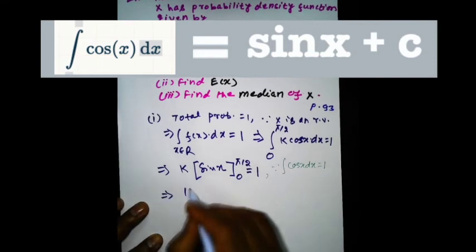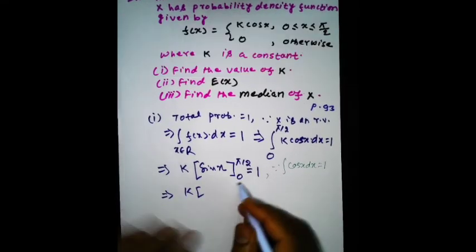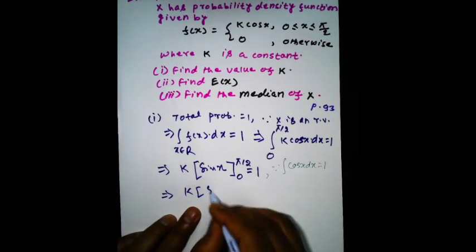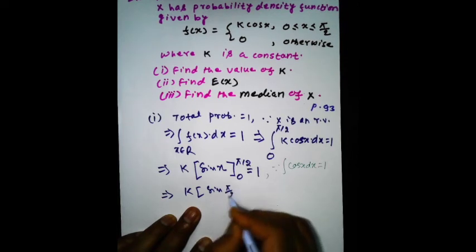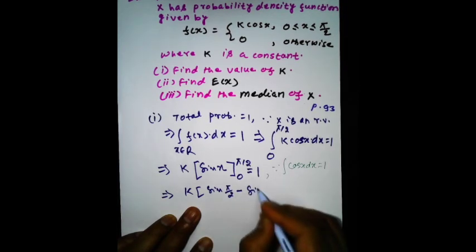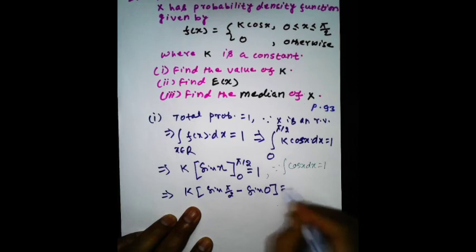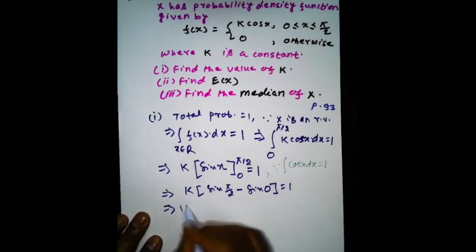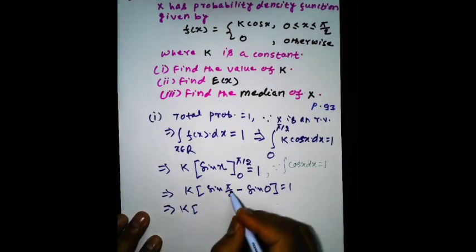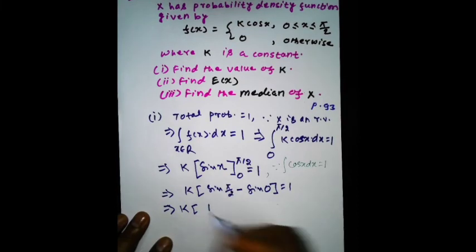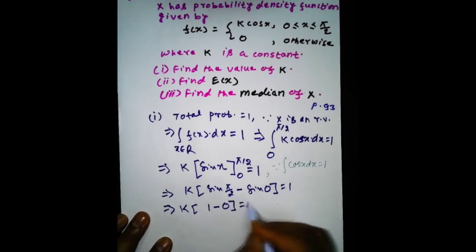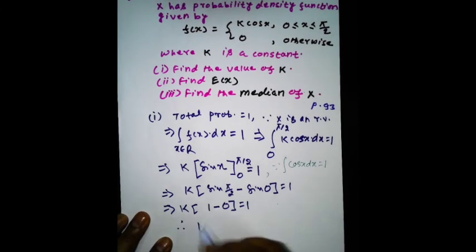And then k, put the upper limit and lower limit values for x, so it is going to be sin pi by 2 minus sin 0 equals 1. So k times sin pi by 2 means sin 90 degrees, whose value is 1, this is in the form of radians, and then sin 0 radian or 0 degree is 0, and it is 1, so therefore the value of k is 1.